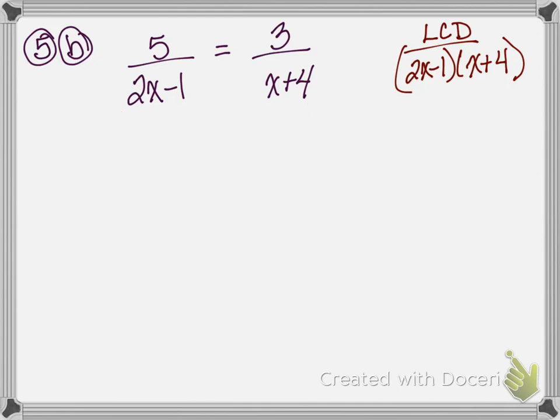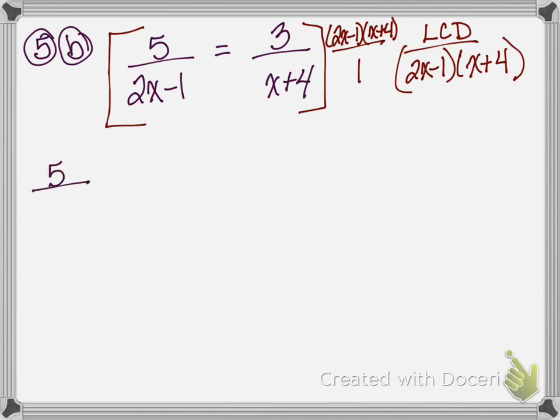Now, just like we did in 3a, I am going to multiply everything times my LCD, which is 2x minus 1 times x plus 4. So I'm going to multiply both sides by that. So I have 5 over 2x minus 1 times 2x minus 1 times x plus 4 over 1.